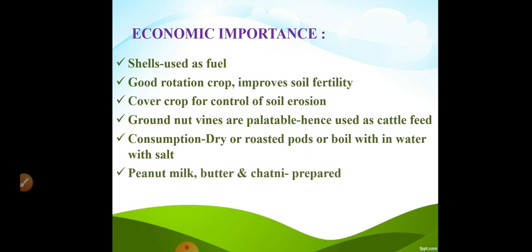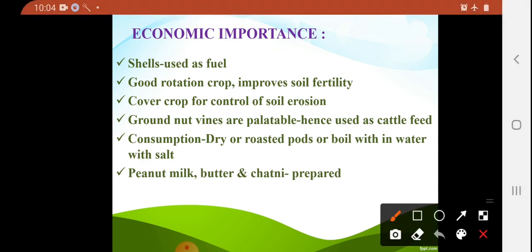Next, a few value added products are also prepared from this groundnut crop. In that, first, peanut milk is prepared, butter is also prepared. Nowadays, you can see many advertisements on TV related to peanut butter, and in the market peanut butter is also available.